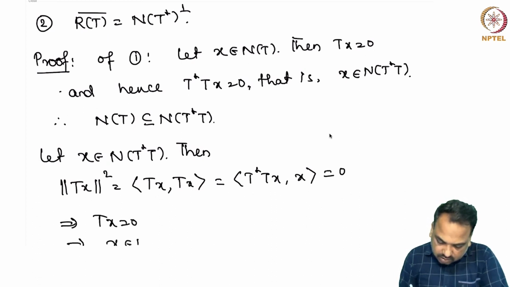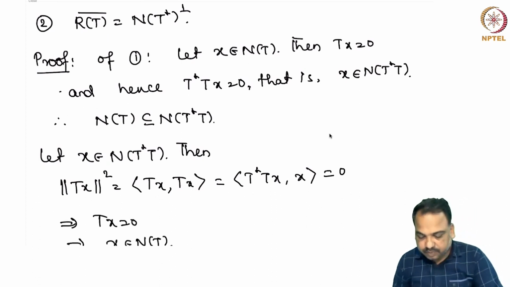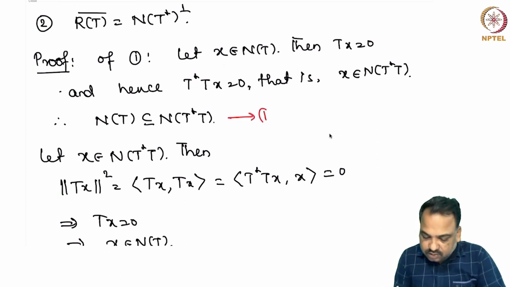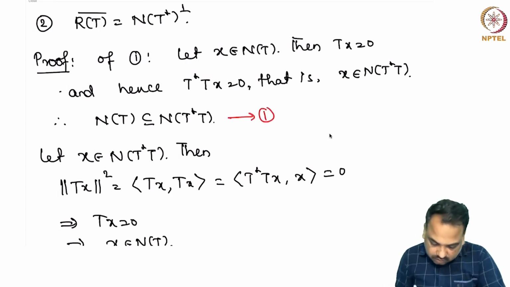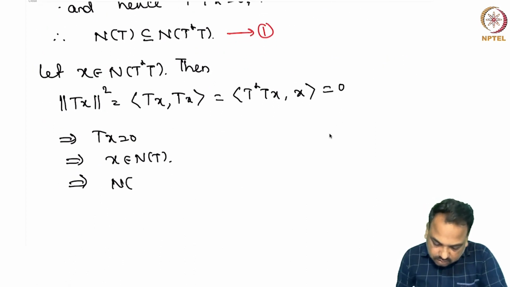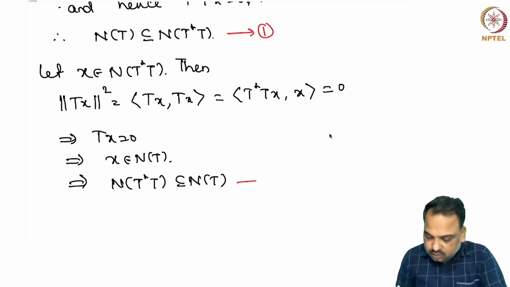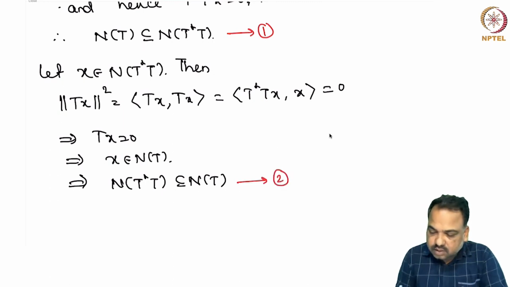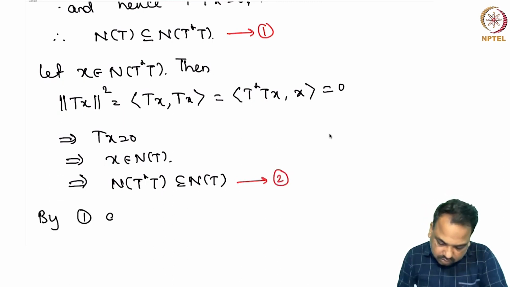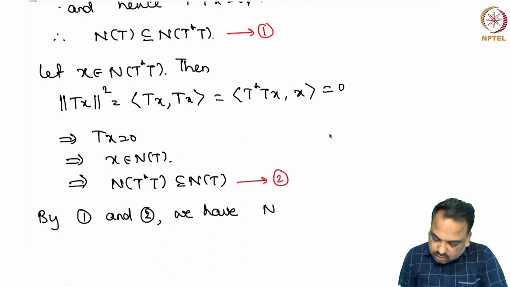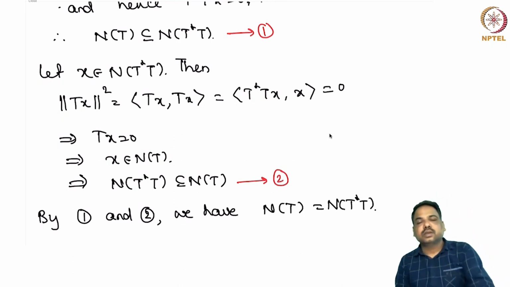This implies that x is in null space of T. So from these two implications, we can conclude that null space of T equals null space of T star T.